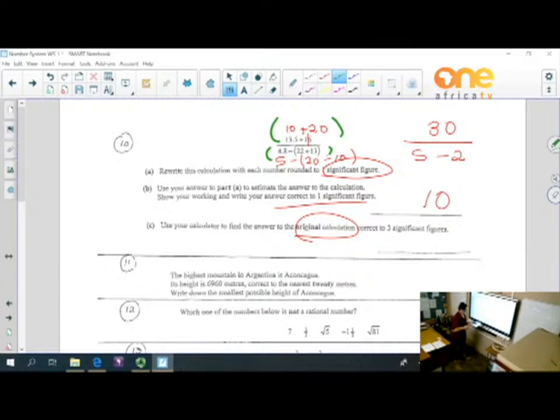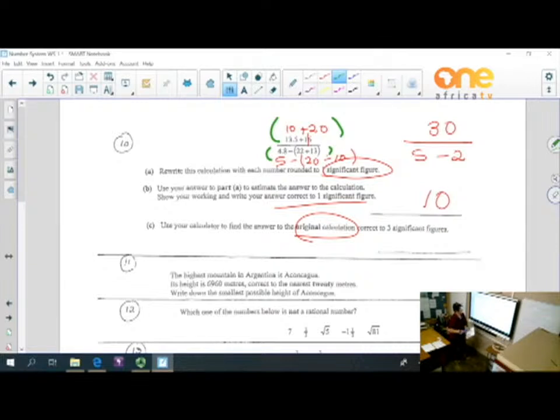On your calculator, brackets, 13.5 plus 16, close the bracket, is equal to, divide by another bracket here, 4.8 minus, and now we have to use brackets also there, 22 divide by 13, close the bracket, is equal to.